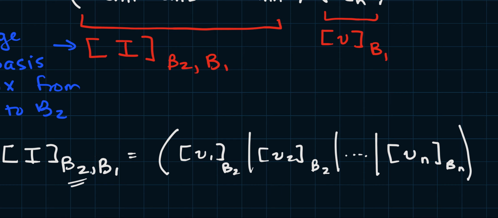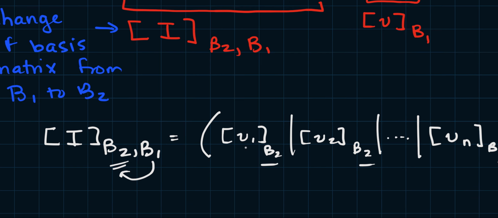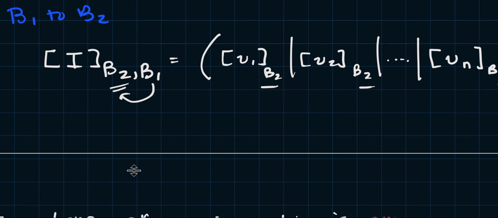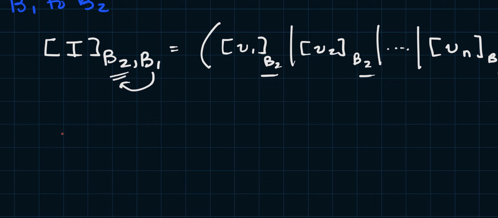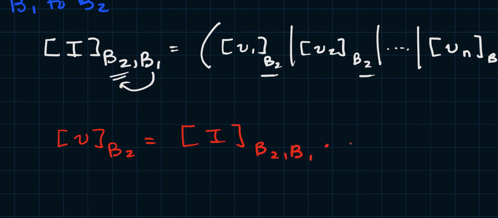You're going to take the vectors inside the one on the outside and write them in terms of the one on the inside. And the whole reason for this is that V in terms of B2 is going to be equal to this matrix, I, B2 comma B1, times V in terms of B1. When we multiply these two matrices, this is going to cancel, and we get I times V, an identity times V, which is just V, and we're left with this B2 here.